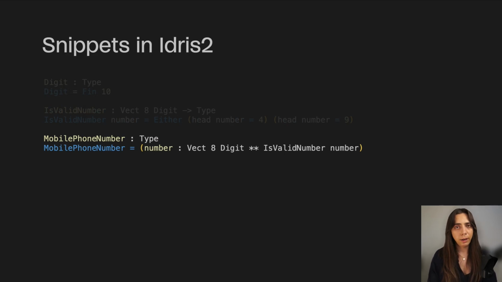So I don't have to, as a programmer, just remember every time I create a mobile phone number. If you had just, I don't know, a list of Int or something in a non-dependently typed language as your type of phone numbers, then you would have to always remember whenever you're creating a phone number to check that it's a valid number like this.